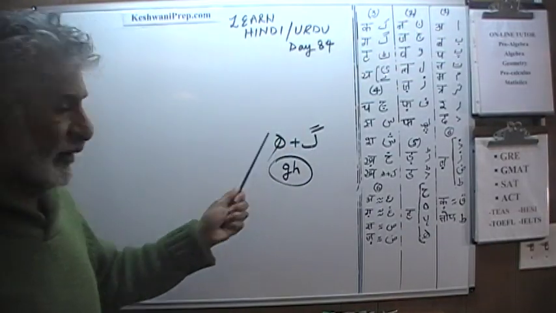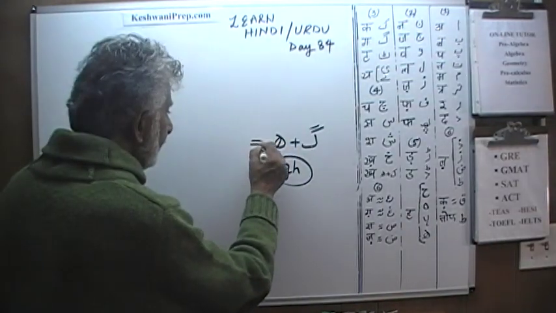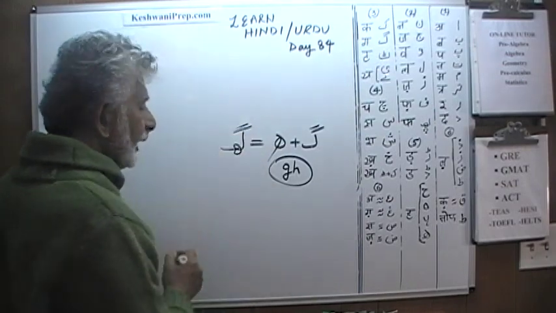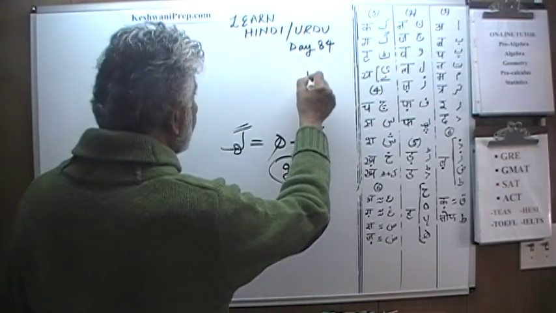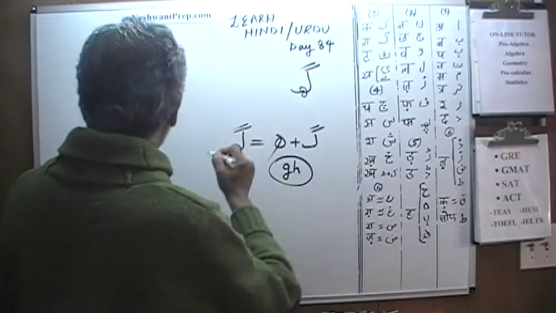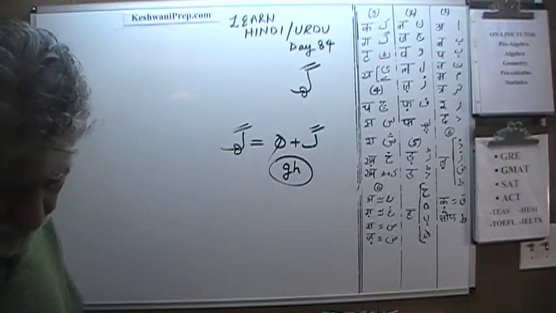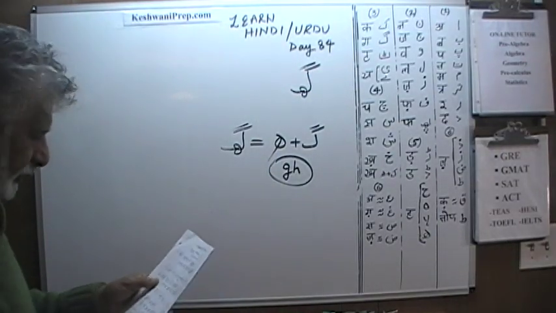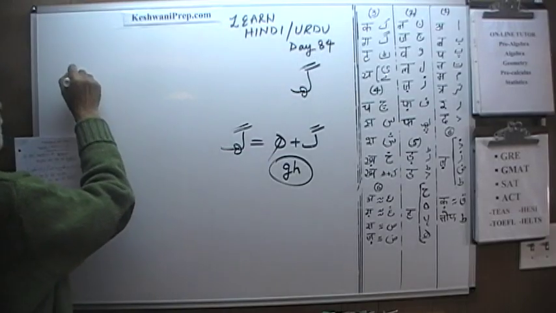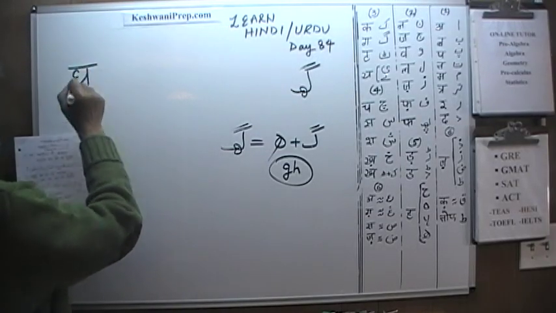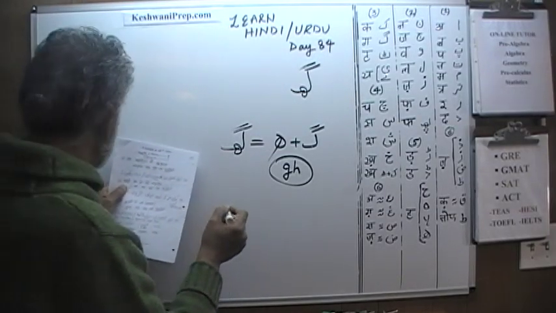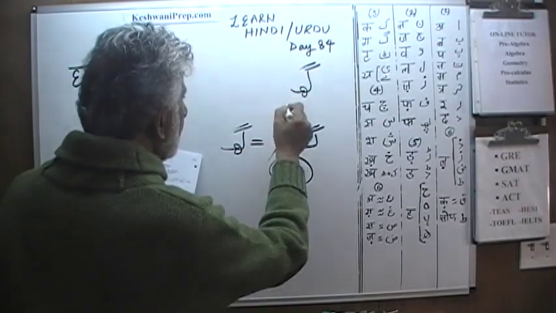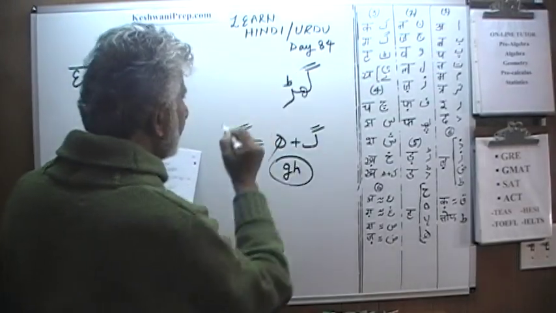We put a gaf and a he together. It looks like this. And that gives us gh. How do you write gh in Hindi? Oh, there we go. Gh. Then we need a re. That's a re. Right there is a re.